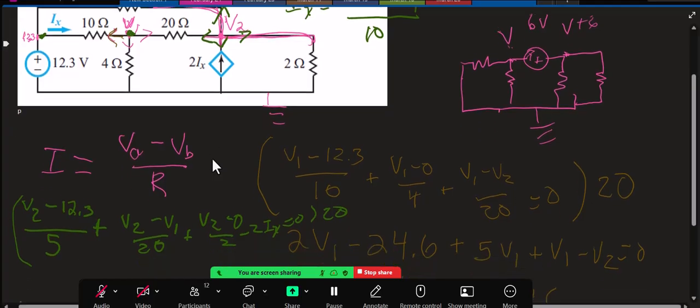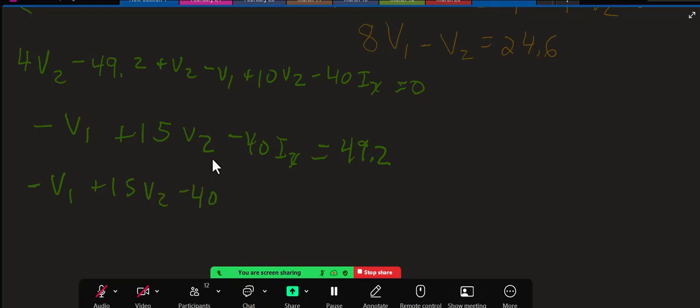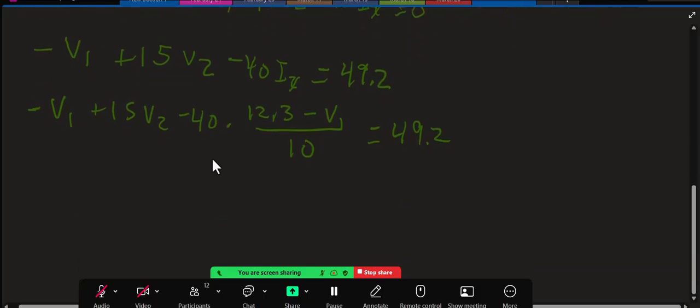So 12.3 minus V1 over 10. So I can now substitute that in. Minus V1 plus 15V2 minus 40 times (12.3 minus V1) over 10 equals 49.2.